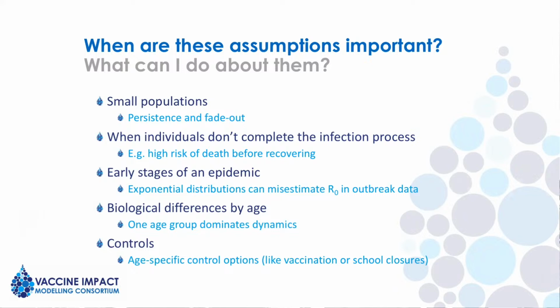We might be looking at the early stages of an epidemic, we might be thinking about differences by age, and we might also be wanting to model things targeting particular parts of the population. All of this means that it's worth considering the assumptions and maybe adding slightly more complexity to our model to capture them.